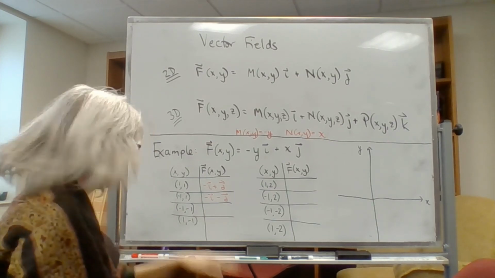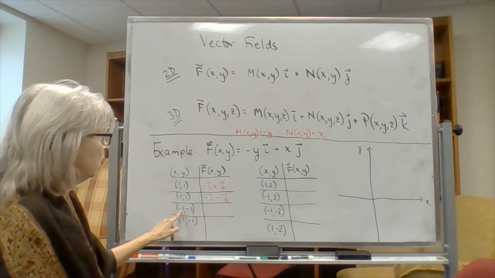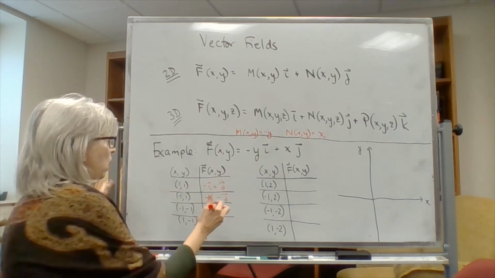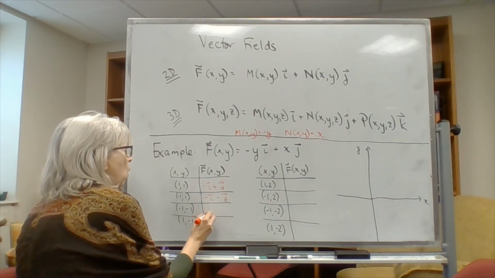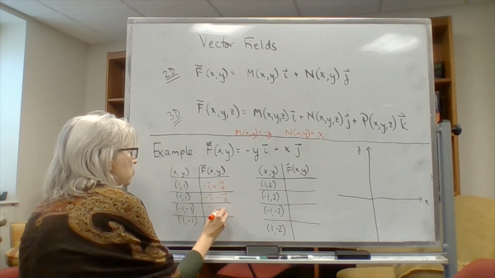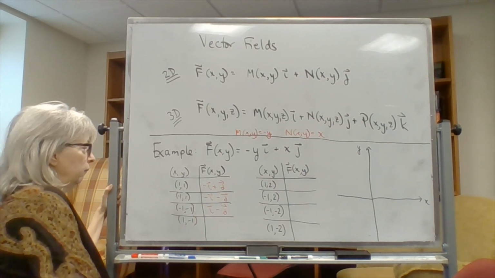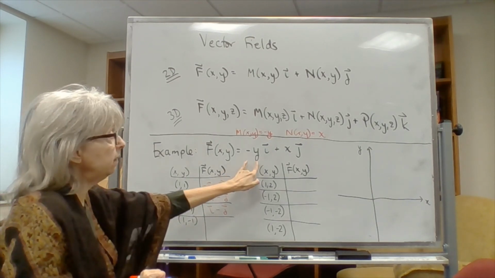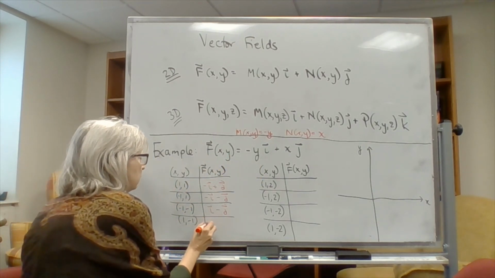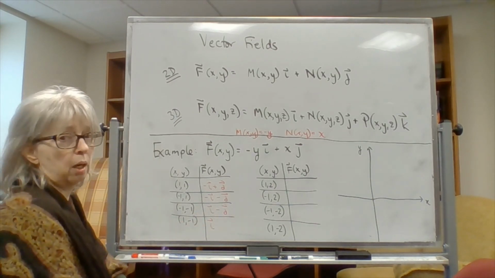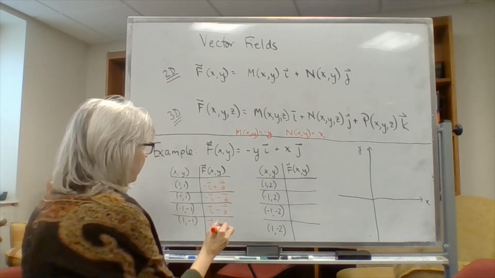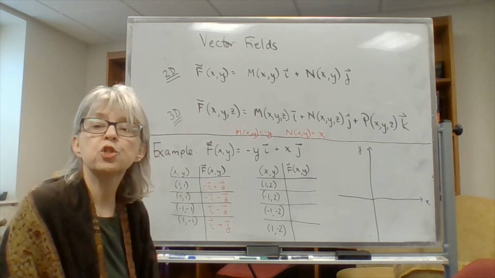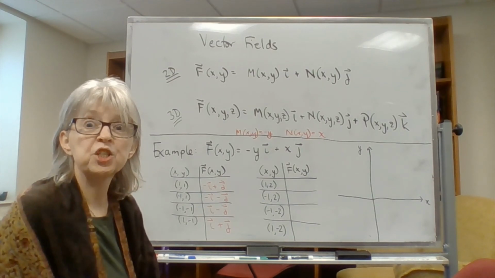Bet you can guess what's going to happen when I do 1, minus 1. Plug in 1 for x, minus 1 for y. When I do that, I get 1i and minus 1j. Minus 1 for y right there becomes i. 1 for x there becomes j.